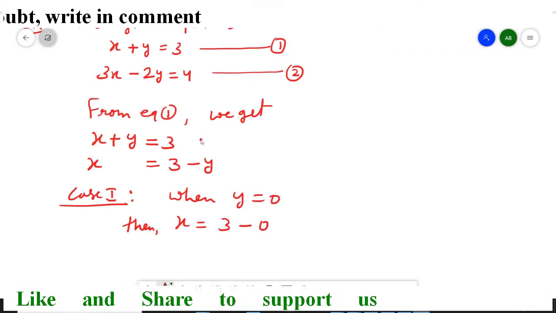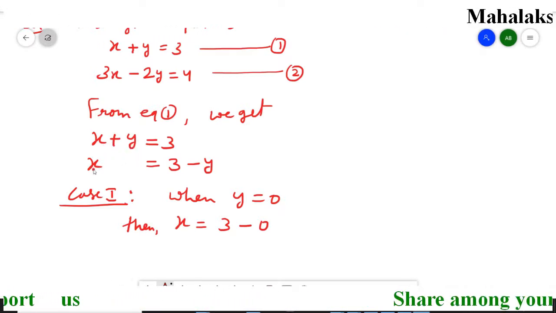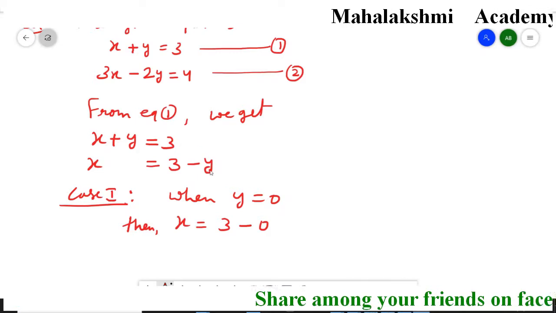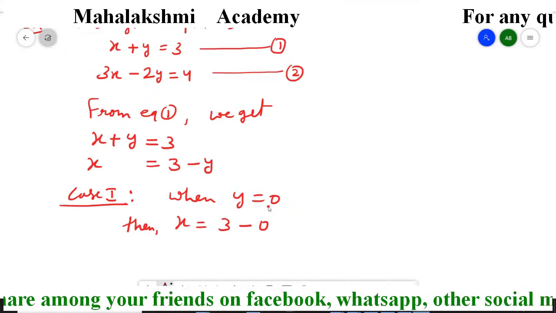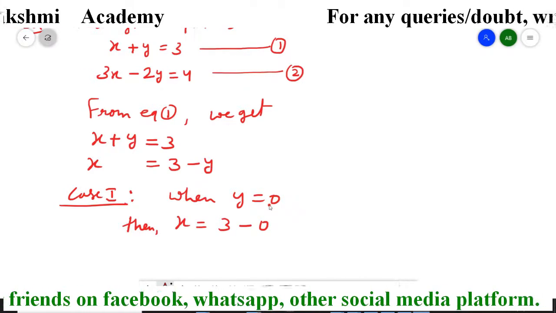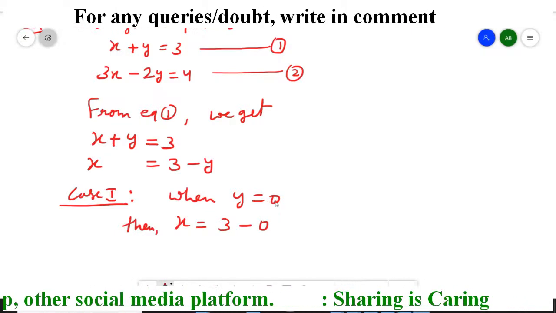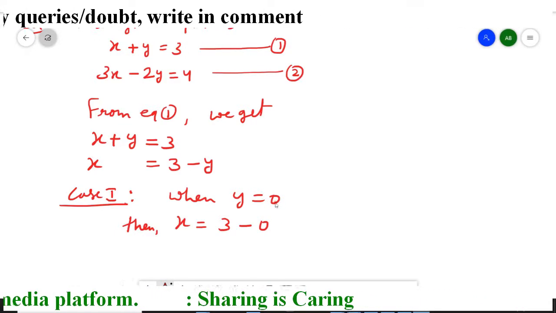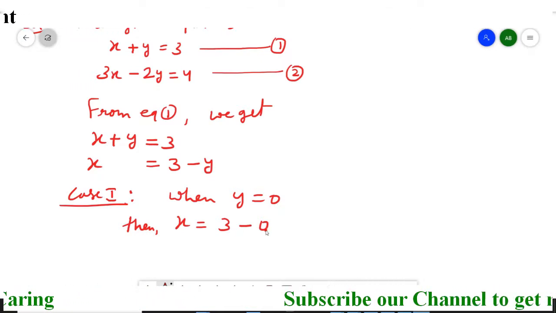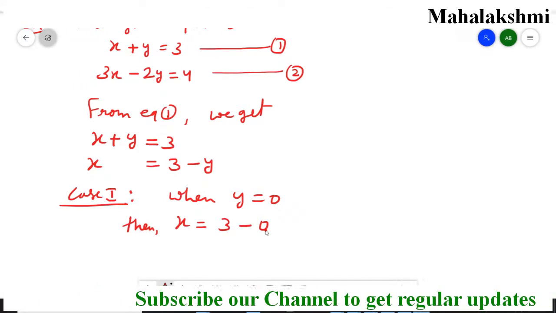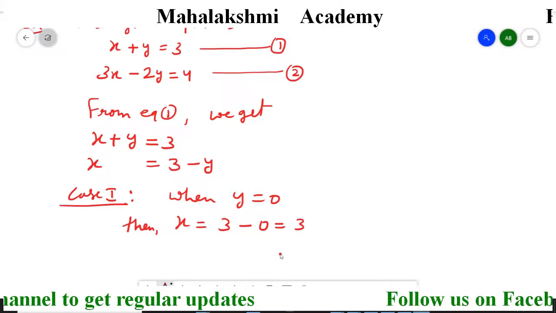Means first write the equation, and from that equation separate any one variable, shift the other variable to the other side, and for the variable you separated, you have to assume the values from your side. You can assume any value, 0, negative numbers as well as positive numbers, and replace that assumed value in the equation and get the value of x. So x will be 3. So this is the first set of coordinates.